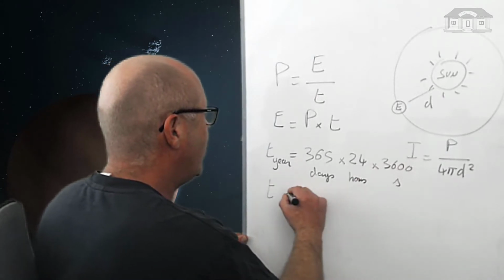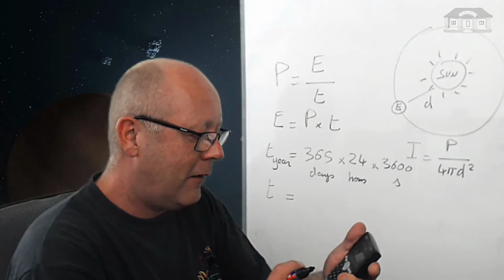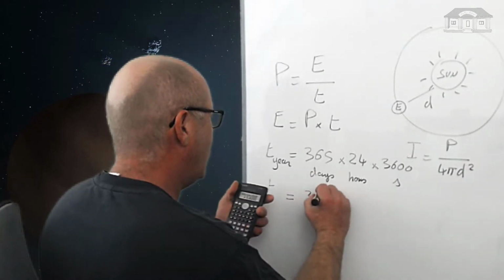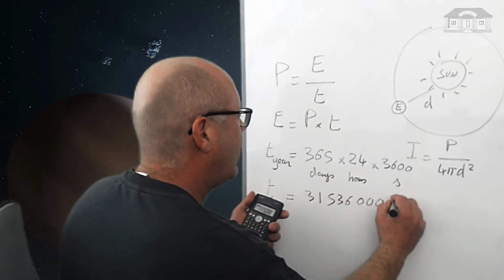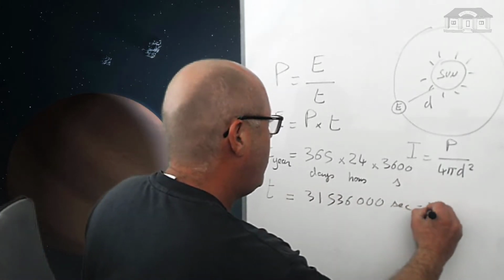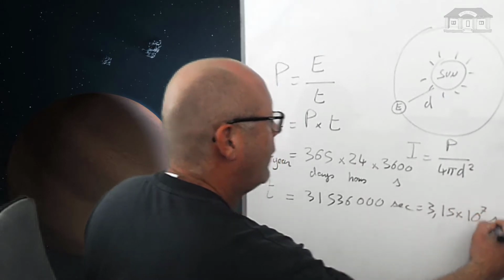So the time of a year is, in seconds, 365 by 24 by 3,600, which is 31,536,000 seconds, which I can write also 3.15 by 10 to the 7 seconds.